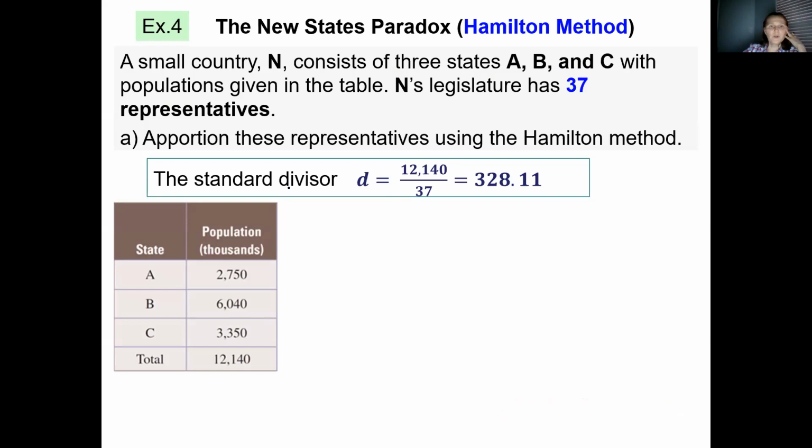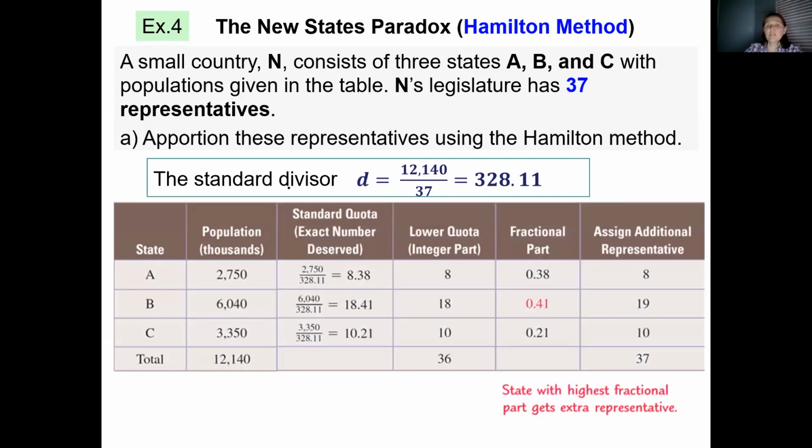Then we divide the population of each state by the standard divisor and find the exact quotas deserved by each state. We apportion first the whole numbers, or the lower quota, and then the sum is 36, so we have 1 extra to apportion, and it goes to state B, since B has the greatest fractional part.